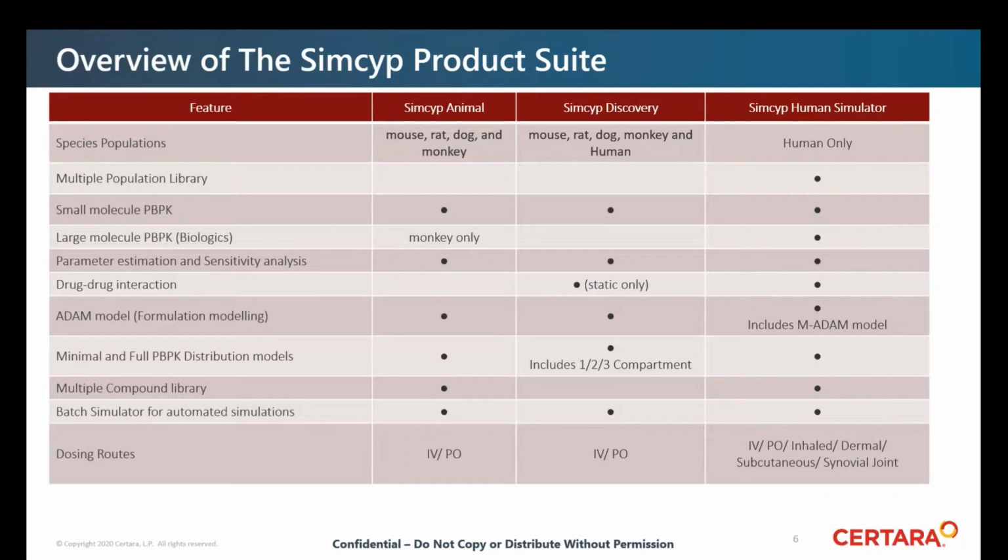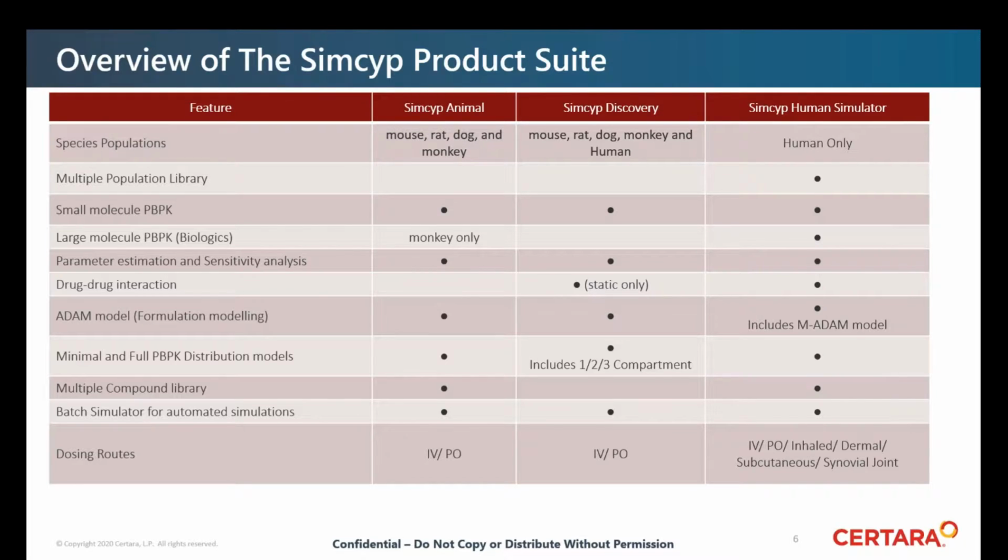So most notably, you can simulate mouse, rat, dog, monkey, and human all in the same Simcyp Discovery platform. It is a small molecule simulator, and for humans, we offer a healthy volunteer population.